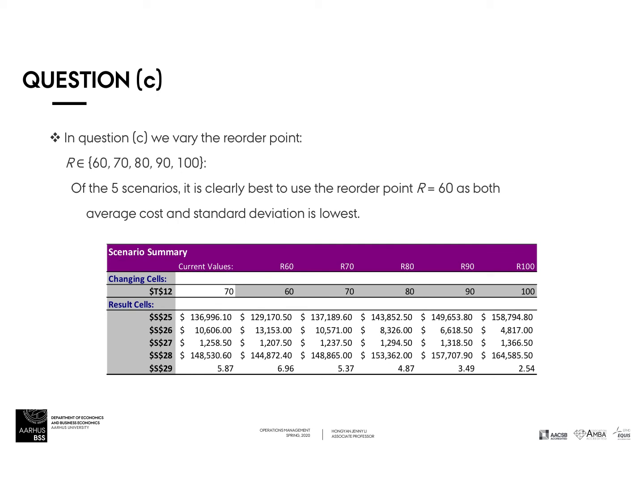Now if we fix the order quantity, say at 300, and change the reorder point, you can see that when the reorder point is 60, it gives you the best output from your simulation. So probably the best R can be 60.